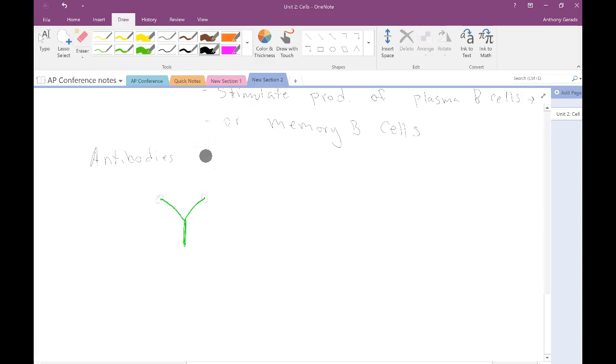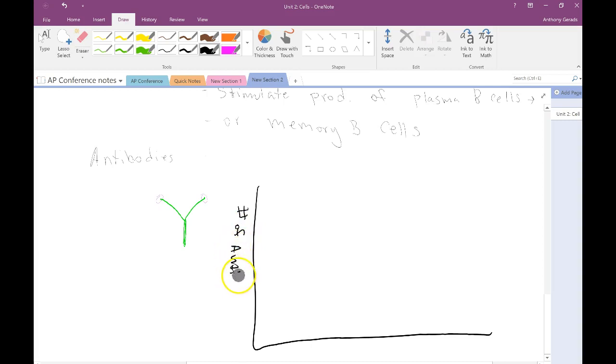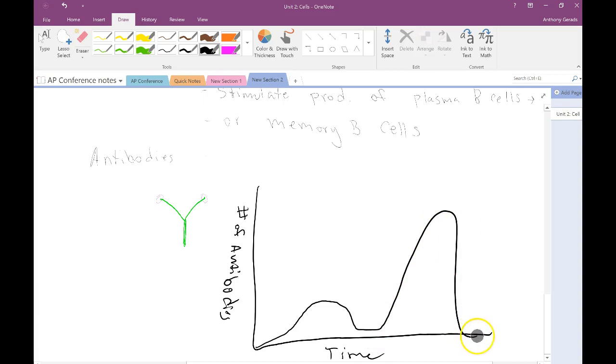I want a bigger line. We had this line right here, where if this was number of antibodies, and this was time, if we drew a line, and we said this right here is first exposure, and this right here is second exposure.